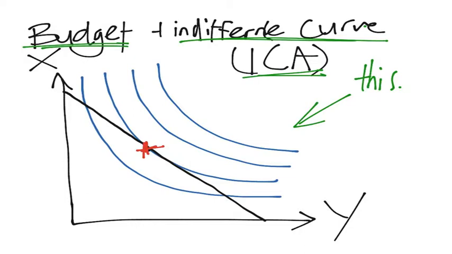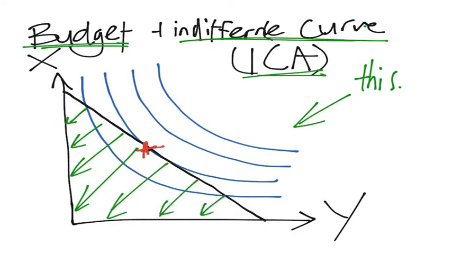Why? First of all, the first thing we know about the budget line is that the consumer cannot consume outside the budget line. The consumer can only consume inside, meaning to the left of the budget line, right? And so this is the portion where the consumer can consume.